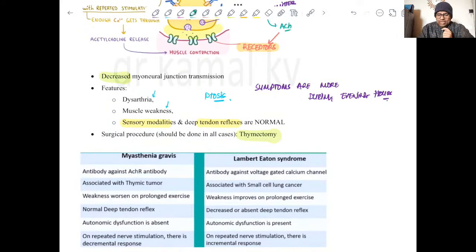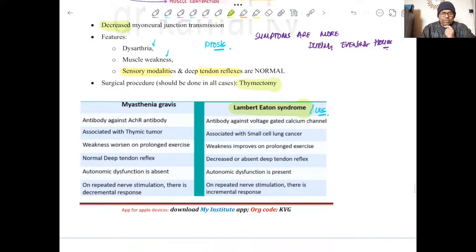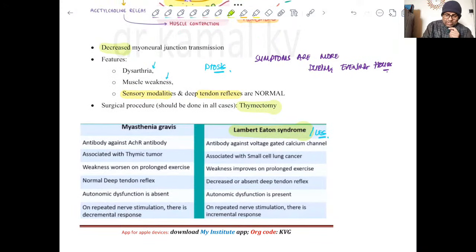and there is a little bit similar condition, and that is Lambert-Eaton syndrome, right? So Eaton-Lambert syndrome. Now there are a couple of differences which you should know between the two conditions. Number one is in terms of pathology.